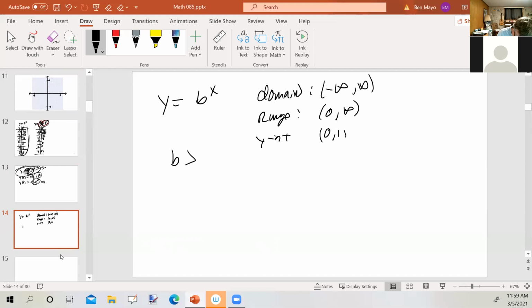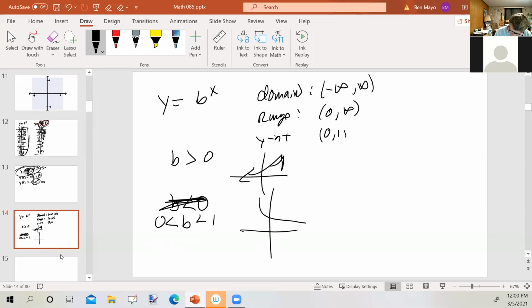And then I think I said b is greater than 0, and this thing increases. And I think I said b is less than 0. And what I should have said is b is between 0 and 1. Yeah, I think I made that mistake earlier. Okay, if b is less than 0, this thing doesn't work. So I want to correct that in case I made that mistake earlier.